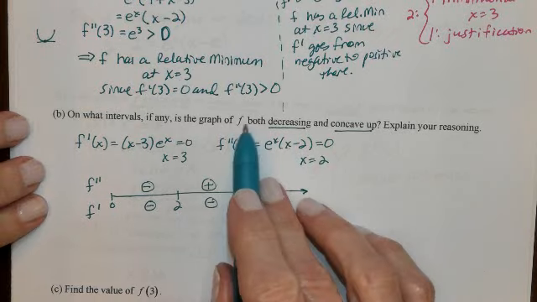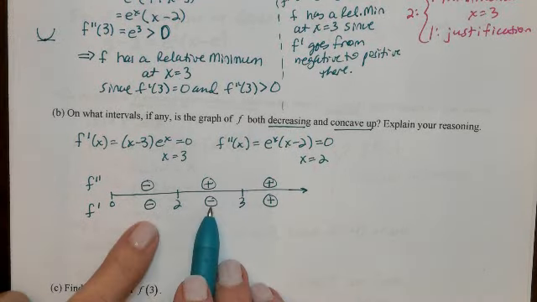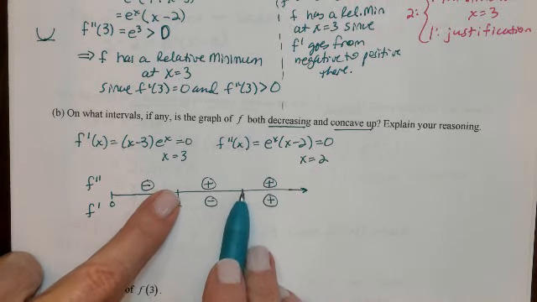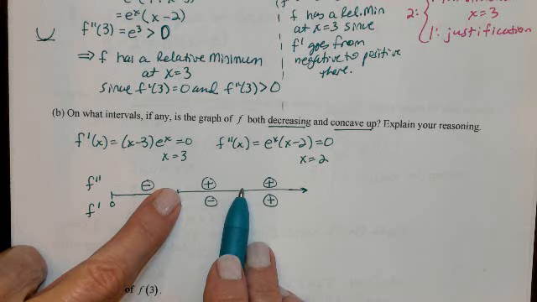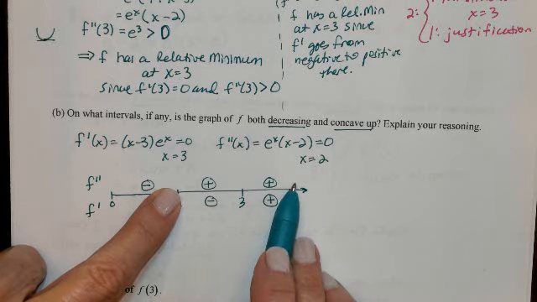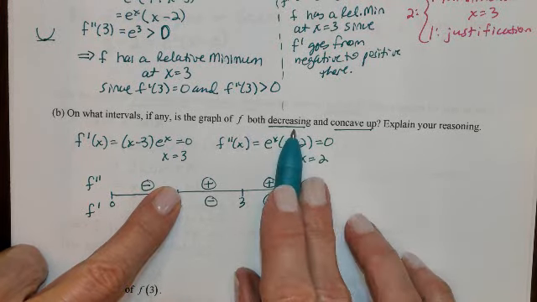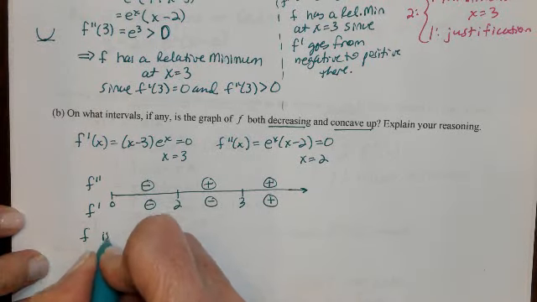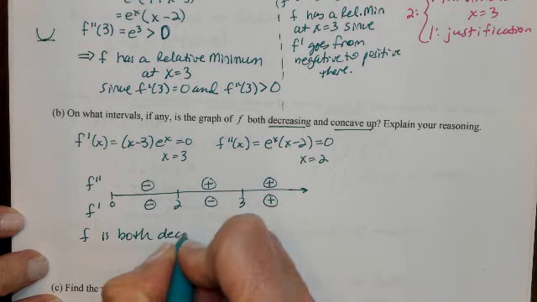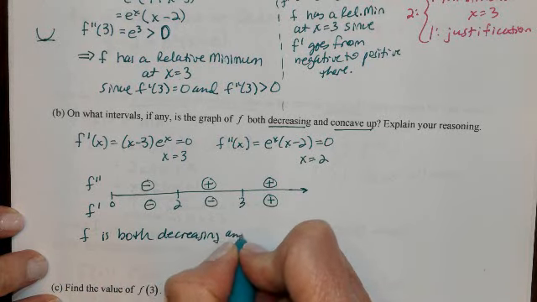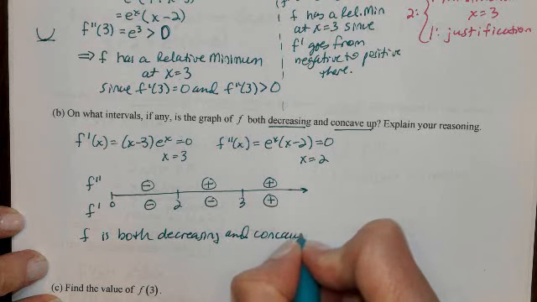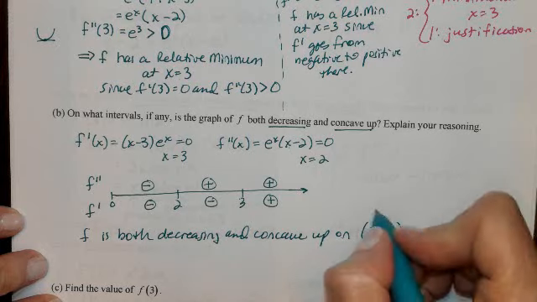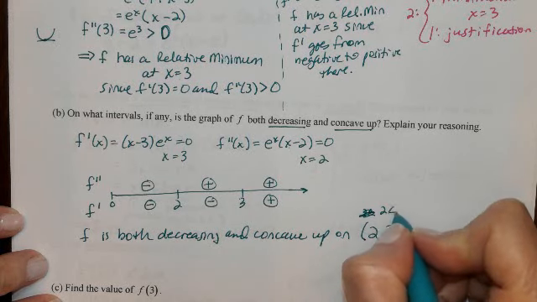So we want to know where f is decreasing and concave up. F is decreasing from 0 to 3. F is concave up from 2 to 3 in that interval. It's actually concave up all the way from 2 to infinity, but for where it's both decreasing and concave up, 2 to 3. So f is both decreasing and concave up on (2, 3), or you can say 2 is less than x is less than 3.